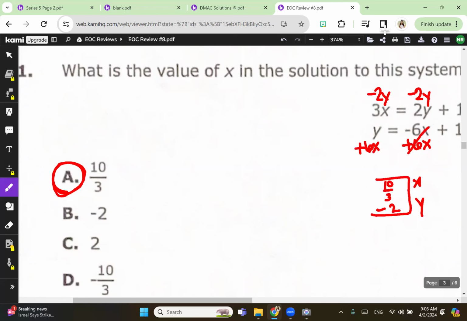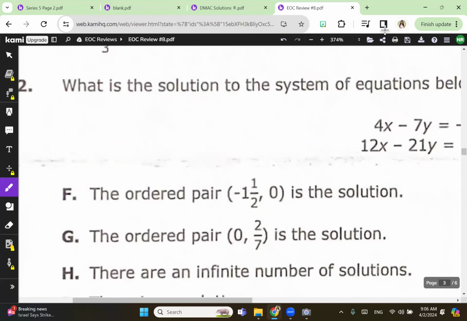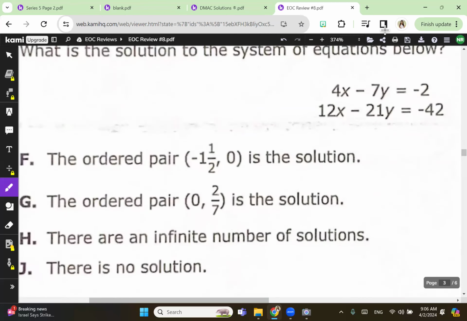That one, they're both already in standard form, so just go ahead and put it into matrix. Second matrix. Sometimes they like to give you layups. I don't think they like to, but sometimes they do.